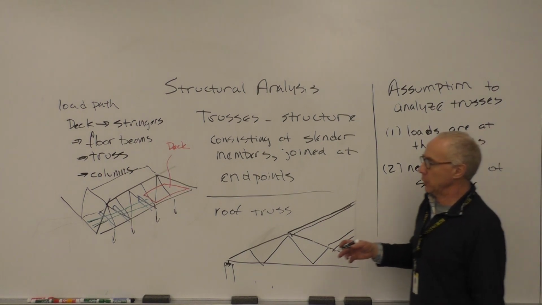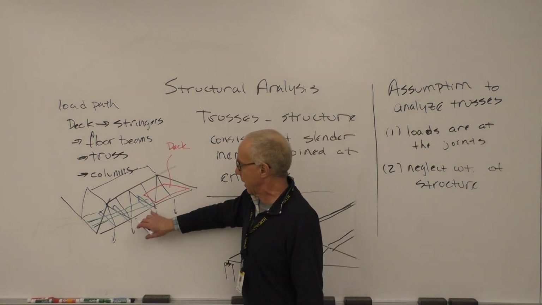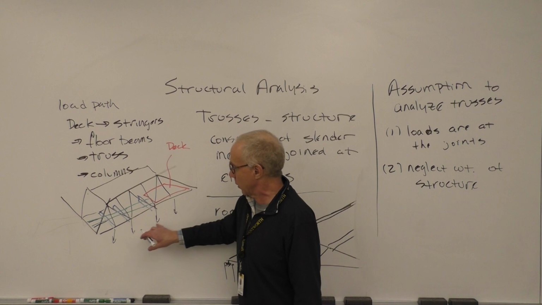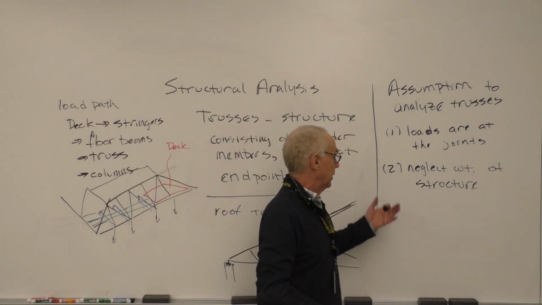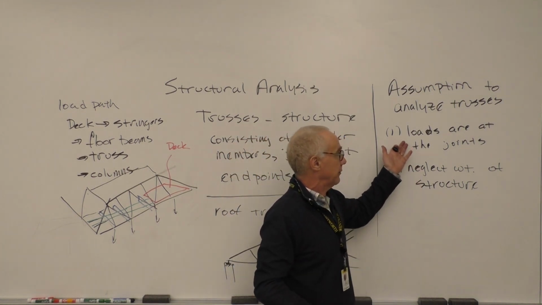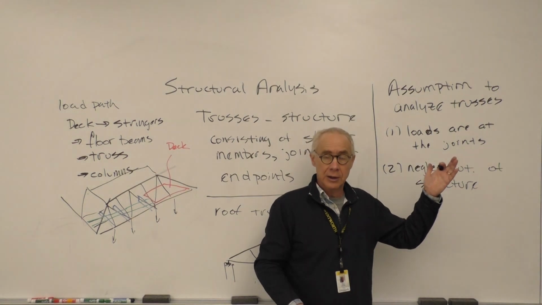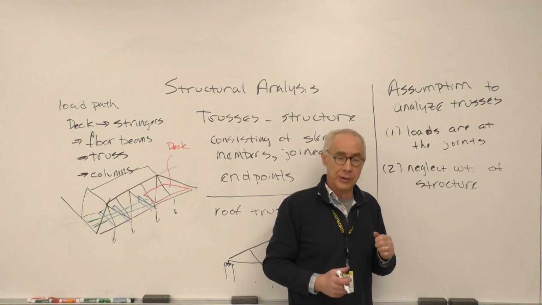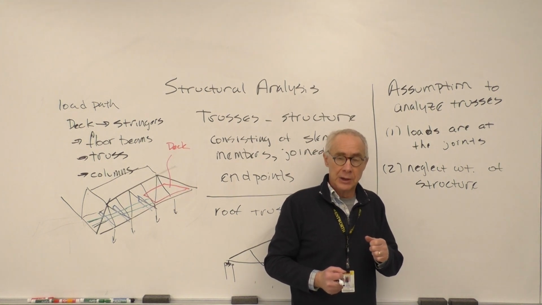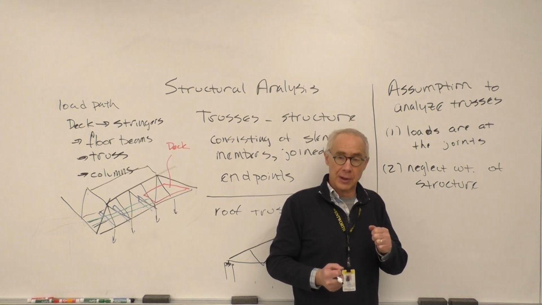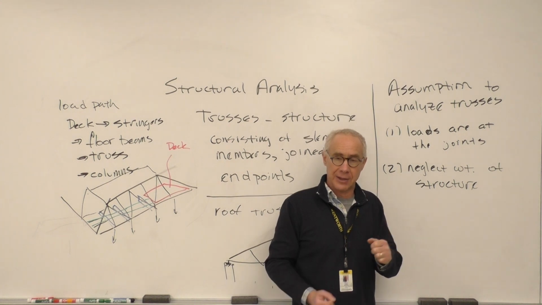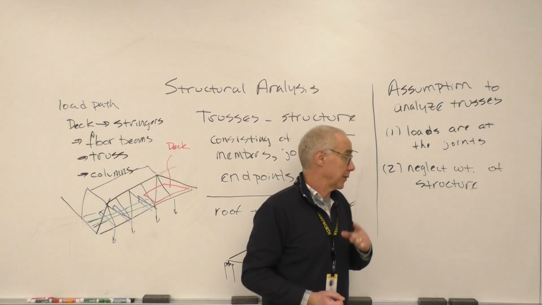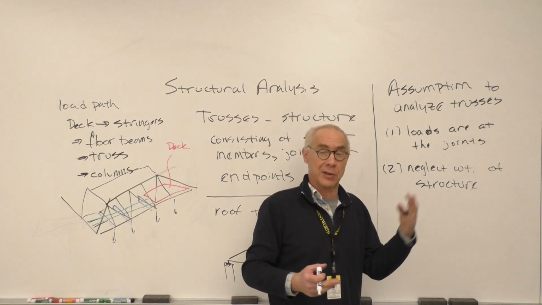And as I said, we can assign the weight of like this member by assigning half of it at one end, half at the other end. Now the nice thing about having the loads all at the joints is that all of our members are two force members, meaning that the forces are all aligned with the axis of the members. So it's very important. That actually enables us to solve this.